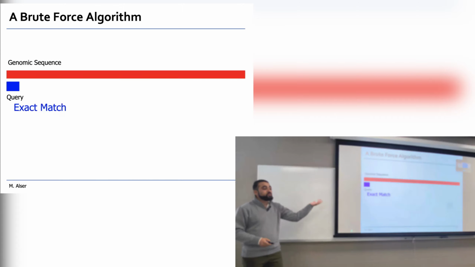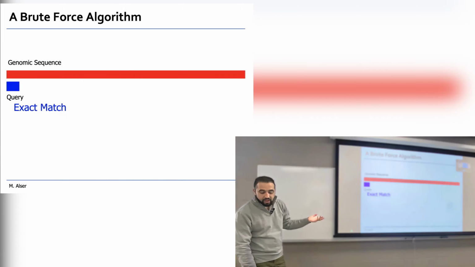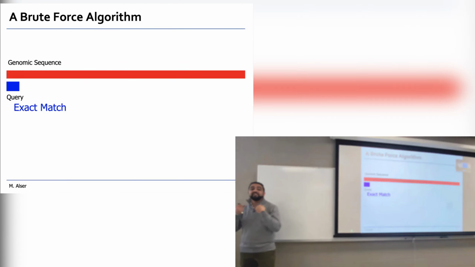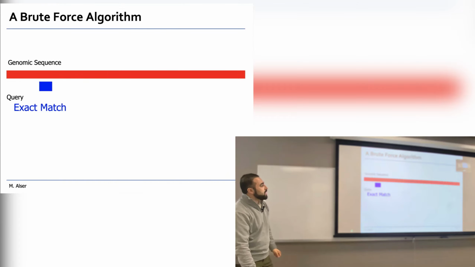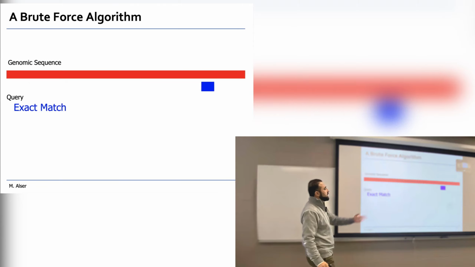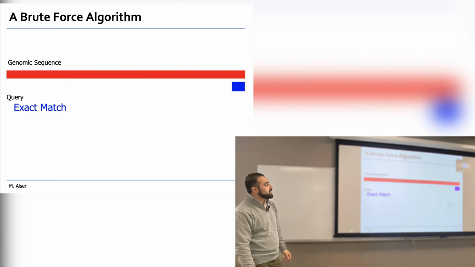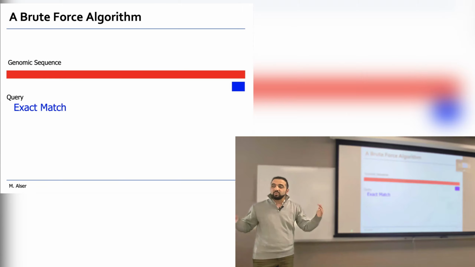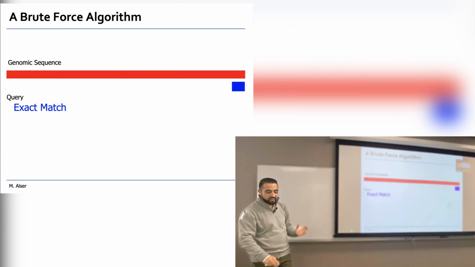And we agree if we want to do that the hard way, that is brute force. Brute force means you are trying every single solution, every single location. You're trying, does this match with this location or not? That is brute force. So think about it: you have a query, you scan sequentially, as we said, using an exact match. Exact match means we require the entire sequence to be exactly over there.